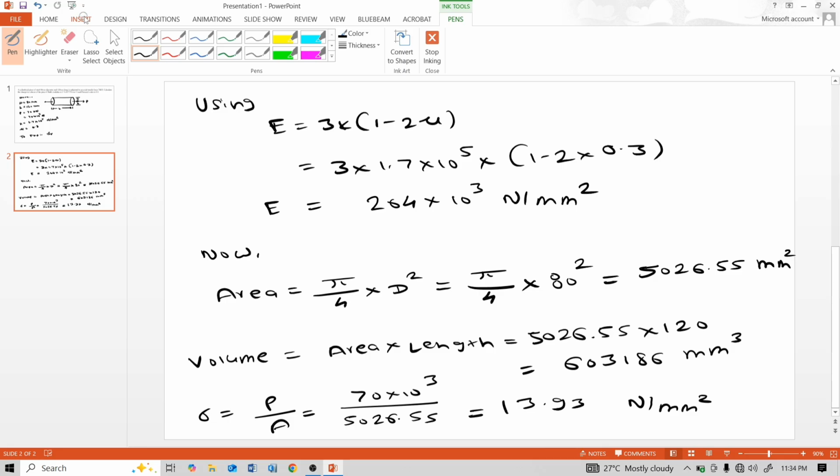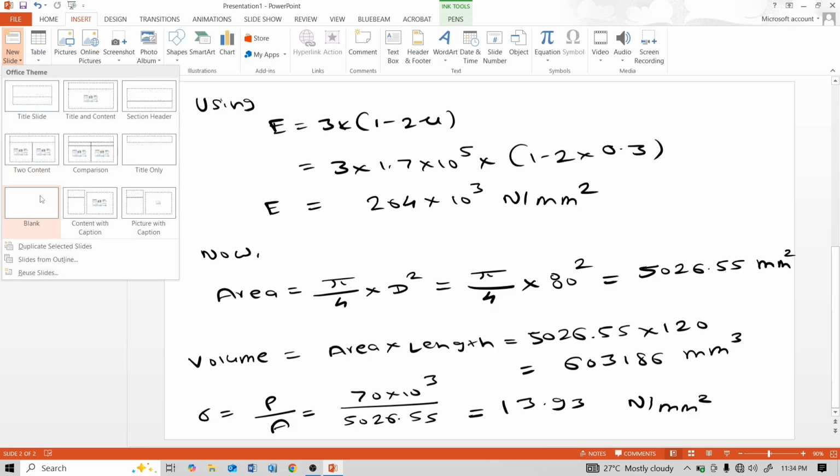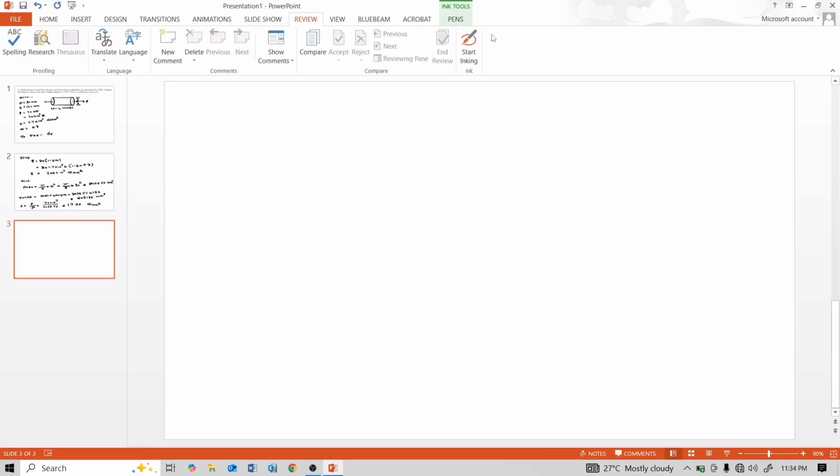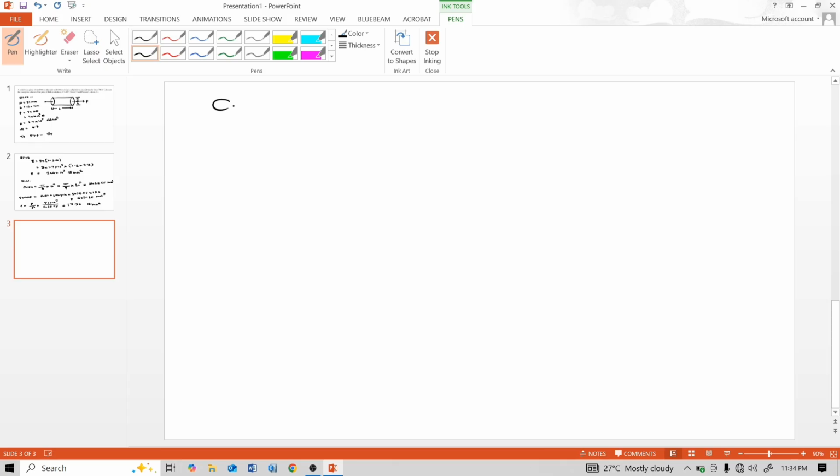Now next find change in volume. For finding change in volume, use the relation: volumetric strain is equal to change in volume to the original volume.